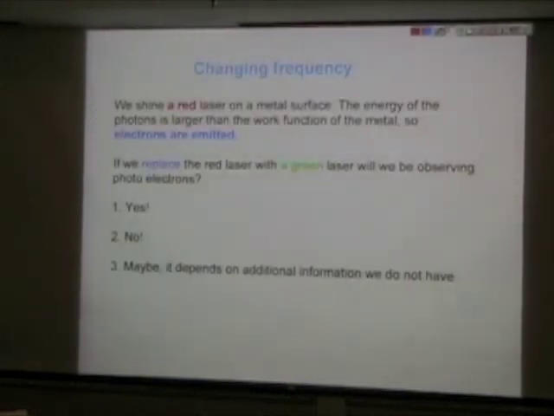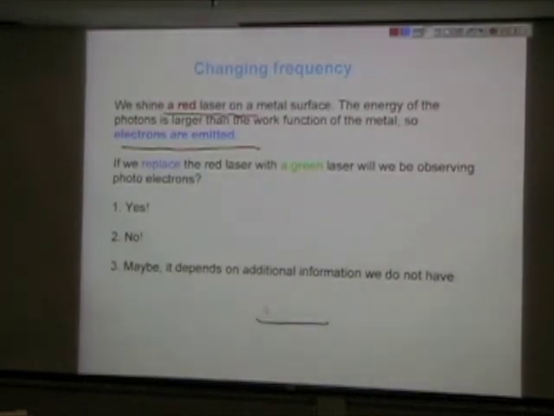Another question. So, we have 2 lasers. The red one, the green one. What we know is that when we use a red laser, we observe electrons emitted. So, photoelectric effect does happen for the red laser.